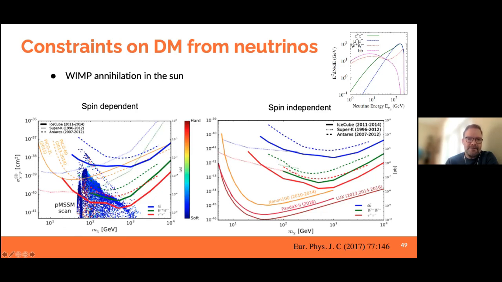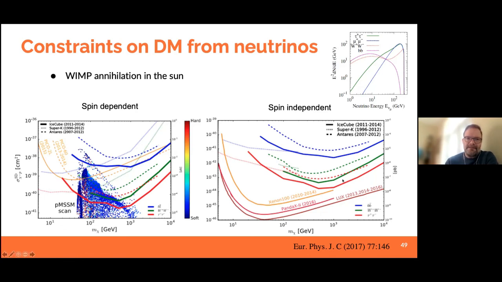So blue is b b-bar, green is WW, and red is into a pair of taus. So in this particular scenario, these indirect neutrino detection experiments are quite sensitive.